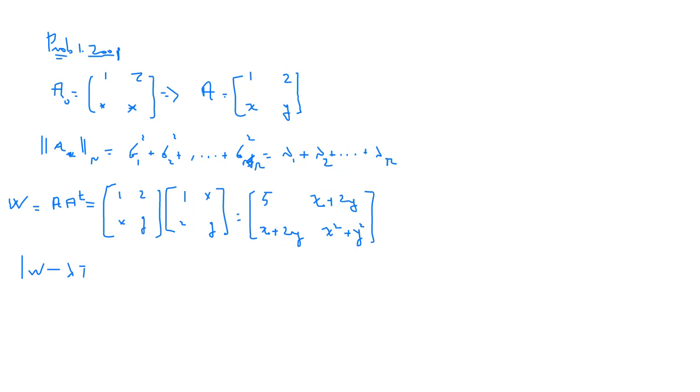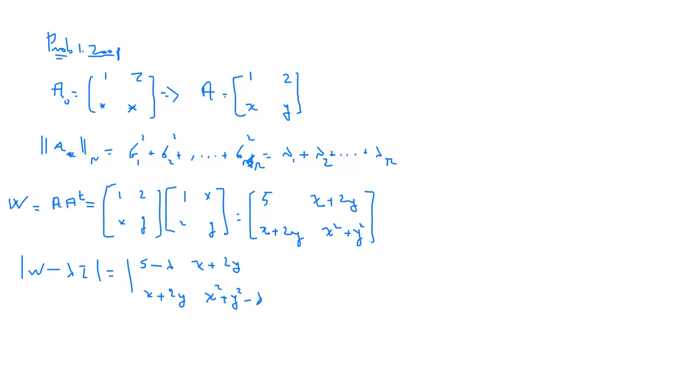It is going to be the determinant of 5 minus lambda. Here I get x plus 2y, of course. Here I get again x plus 2y, and finally x squared plus y squared minus lambda. Don't be scared, guys, because there is something simple that's going to happen.